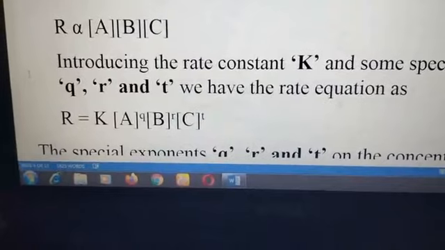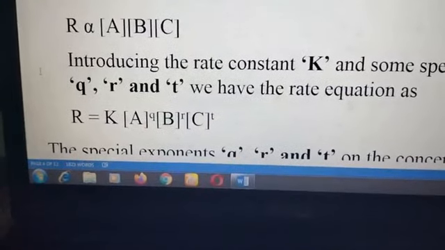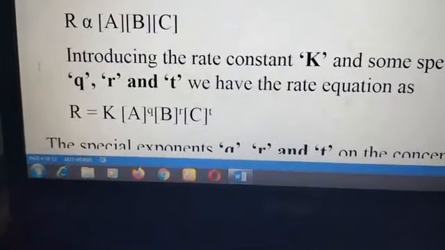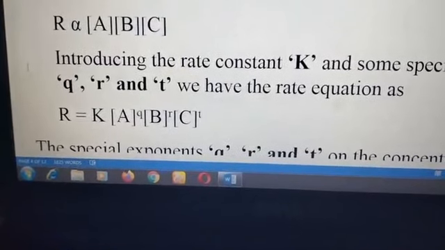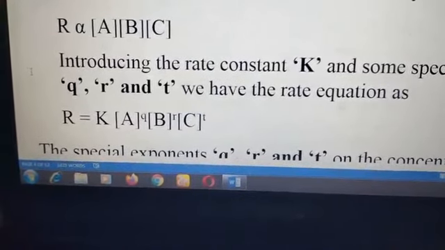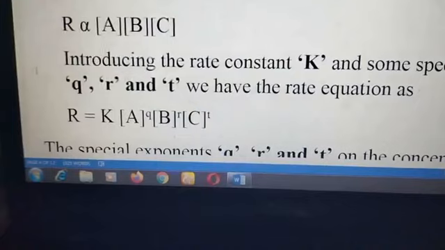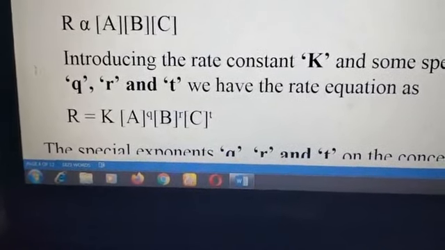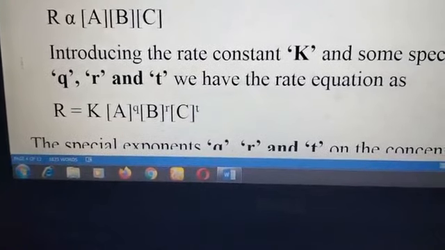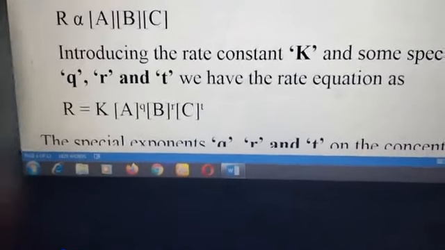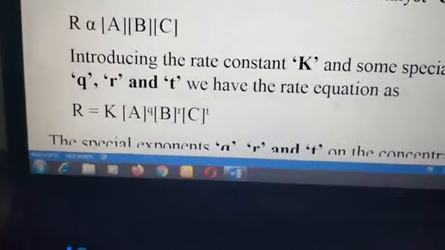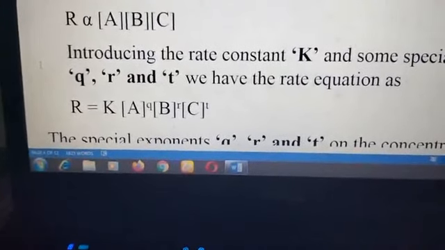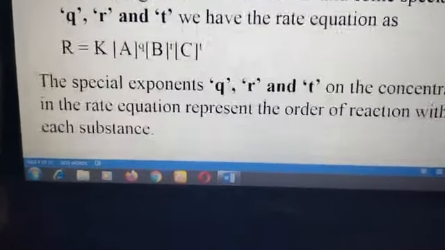So we remove the proportionality sign, bring in K, and then we introduce some special exponents or powers. We raise A to the power Q, we raise B to the power R, we raise C to the power T. Those exponents Q, R, and T are called the order of reaction.